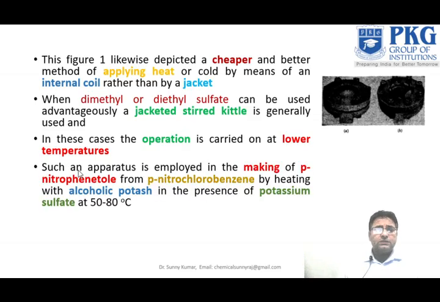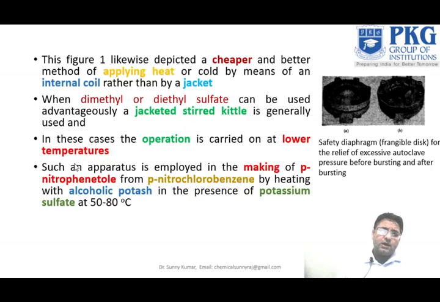Such an apparatus is employed in the making of p-nitrophenol from p-nitrochlorobenzene by heating with alcoholic potash in the presence of potassium sulfate at 50 to 80 degrees centigrade. So these are the temperature conditions where you can get this type of product.